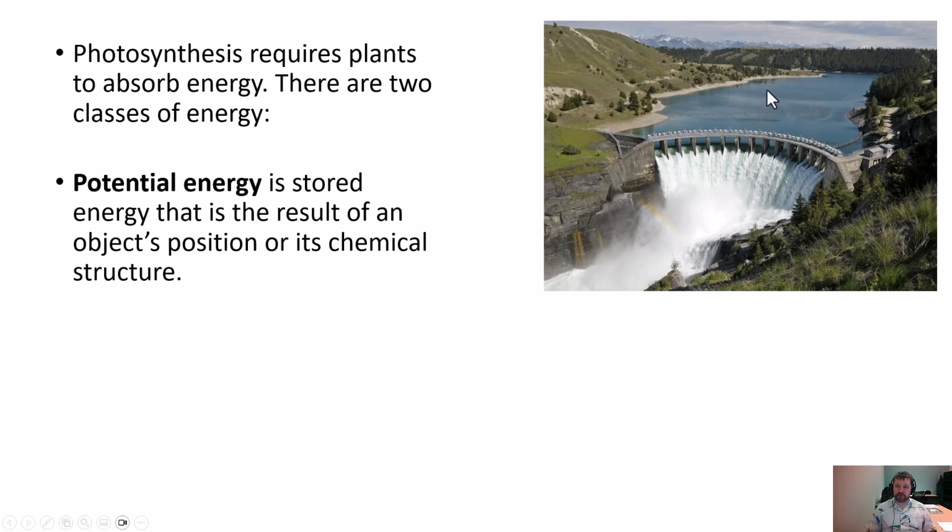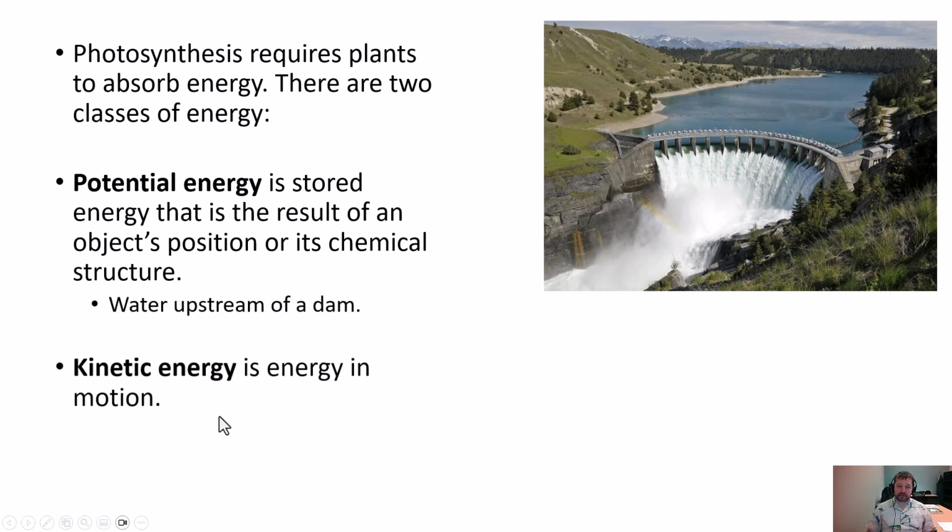So you can think of it as like a dam. Okay? If we shut off all these gates, all that water back there is potential energy. Okay? When you open those gates, now due to gravity and the pressure that's flowing from being fed by maybe a river, that water is rushing out. That is going to be kinetic energy, or the energy in motion.